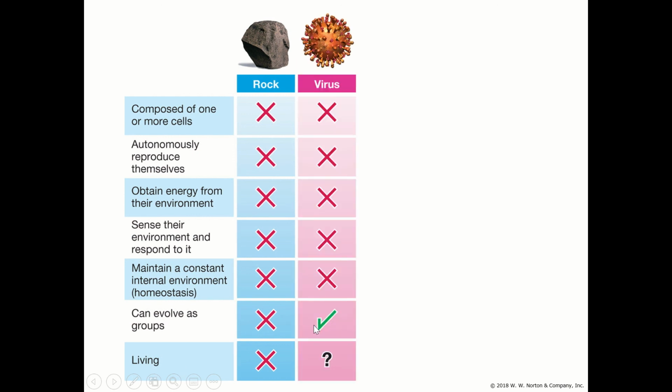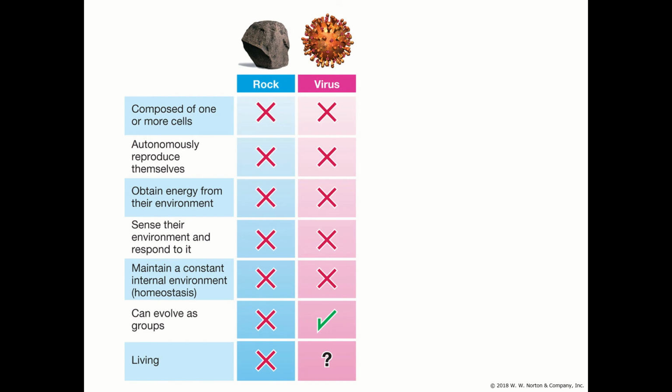Now, viruses are interesting. Viruses are not made of cells. They can't reproduce themselves, and they're not produced by other viruses. They're produced by the cells that they infect. So the way you get new viruses is that the virus infects a cell.